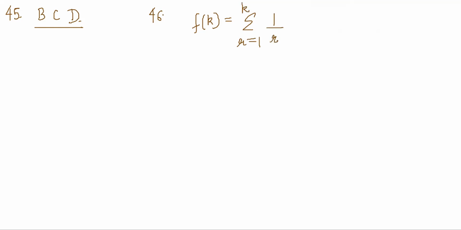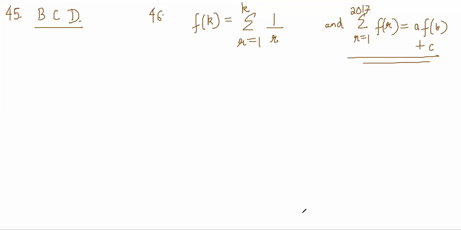And then you have the summation of r equal to 1 to 2017 of f(r), which is equal to a times f(b) plus c.